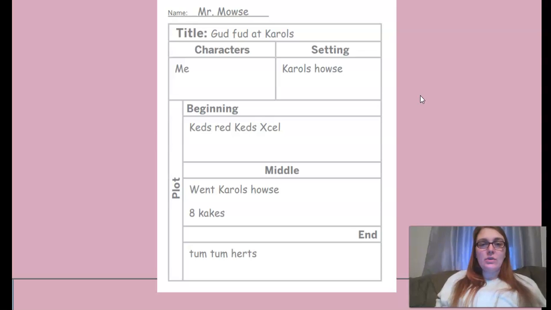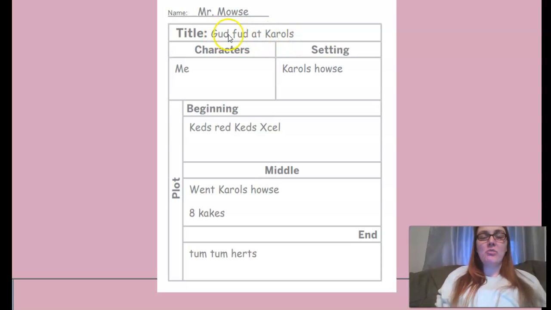Okay. So today we're going to use Mr. Mouse's story, right? So he did a graphic organizer. The title is Good Food at Carol's. Based on the title, we know this story is going to be about good food at Carol's.